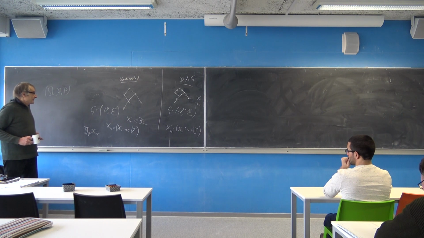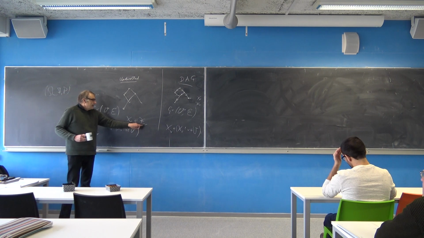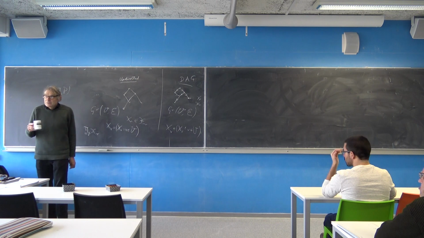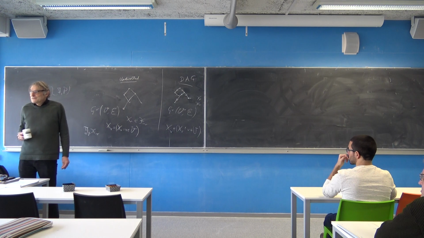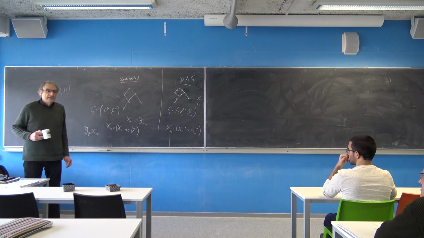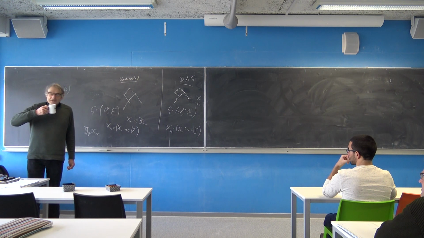And I'm most comfortable when these X_v's are so-called Polish spaces, complete separable metric spaces. They can be finite, in particular finite sets with discrete topology. And the sigma algebras are the Borel sigma algebras, and so on.